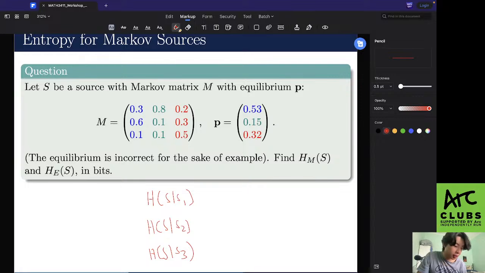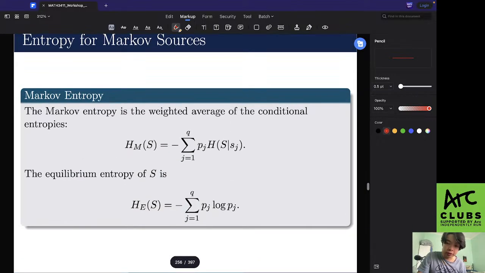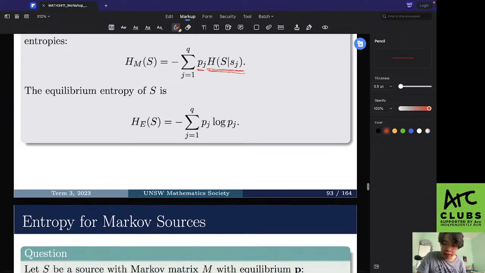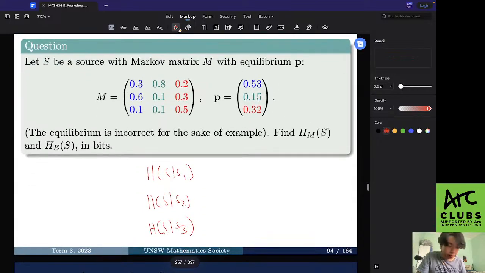The reason is that when we're calculating the Markov entropy, we need to find these values and then multiply them by our Pj value. So the way we can do that is we know that this is just the entropy of the first column, this is the entropy of the second column, and this is the entropy of the third column.